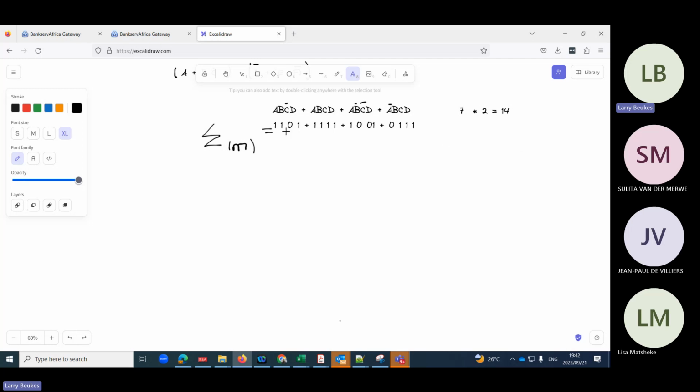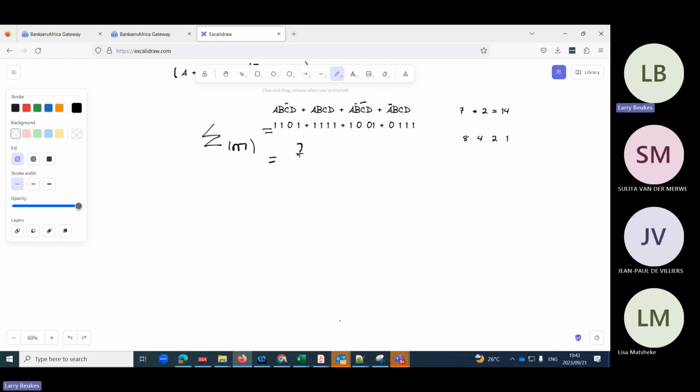Simple. 1, 2, 4, 8. It's basically 1, 2, 4, 8, or 8, 4, 2, 1. Right? So you convert this into binary. Let me do it like this. This is, for example, 2 to the power 0.